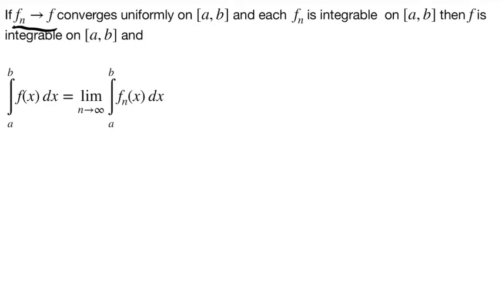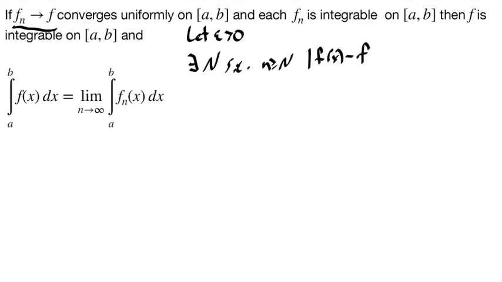So let's not go quite into the same detail that we did last time, but of course we'll start with an epsilon greater than 0. And then what we'll do is, because it's uniformly continuous, we know that there exists some capital N such that if n is greater than or equal to capital N, then |f of x minus fn of x| is less than, and I already know what the end line is going to be, so I'm going to go ahead and write it out, epsilon over 3(b minus a).